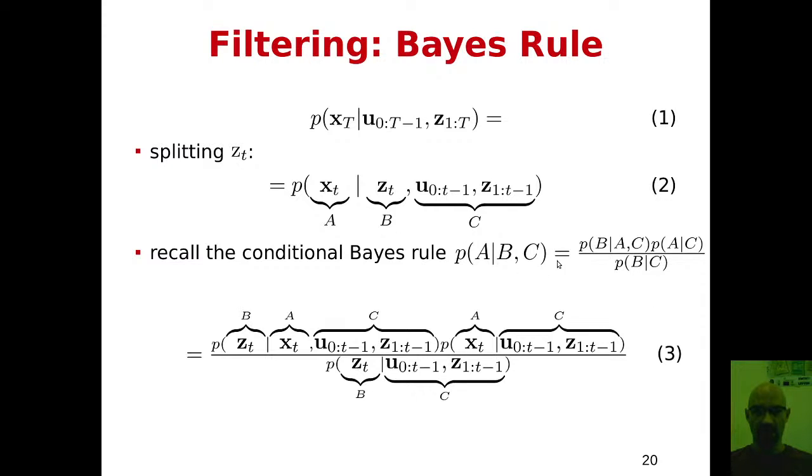And then we can proceed by identifying within this equation what is A, B, and C. A, in this case, is quite obvious, because A is whatever stays to the left of the conditioning bar, the current state, so what we want to estimate. Z of t will be the element that we just extracted from the list of possible observations, and so having identified A and B, anything else is C.